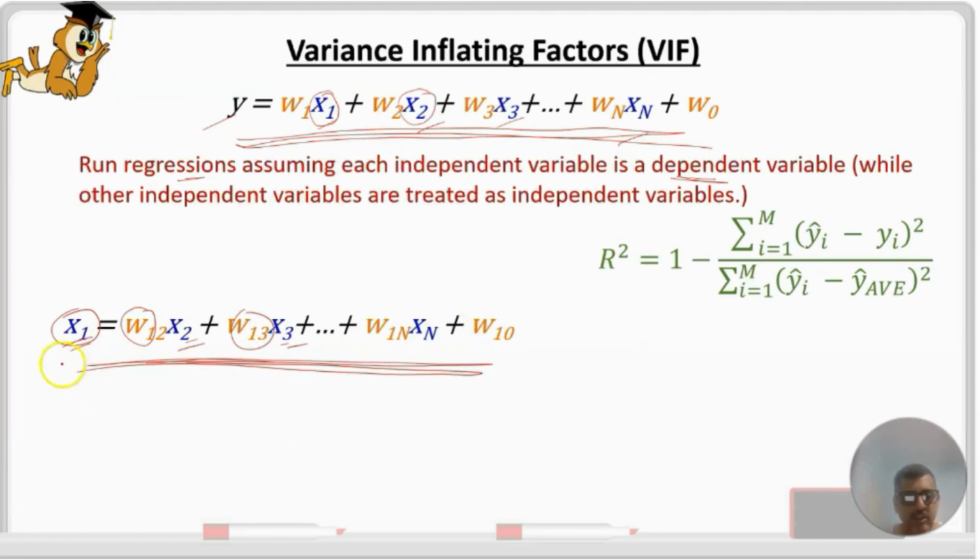And after you run this regression, you find the R-square score for that regression. To remind ourselves, what's the R-square score? Remember when we talked about the R-square score, I said that while you are engaged in the process of finding your best hyperplane, your R-square score tells you how good a particular hyperplane is.